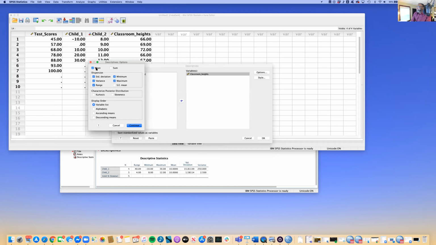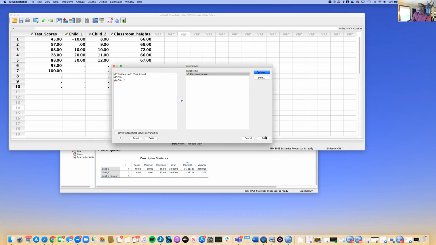So we should have mean, standard deviation, variance, range, minimum, and maximum checked. So you should have those 6 checked. I'm going to click continue and okay.